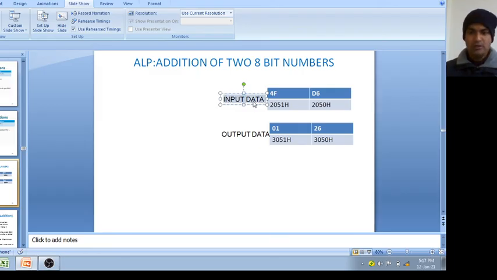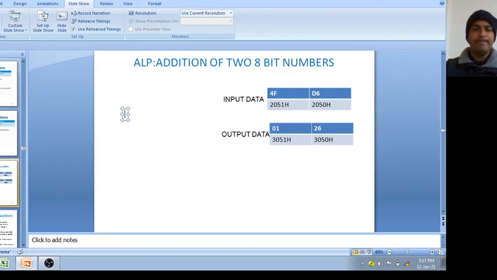First of all, what we will do, we will transfer contents of any memory location into the accumulator, because one operand, in fact the destination operand, must be your accumulator.